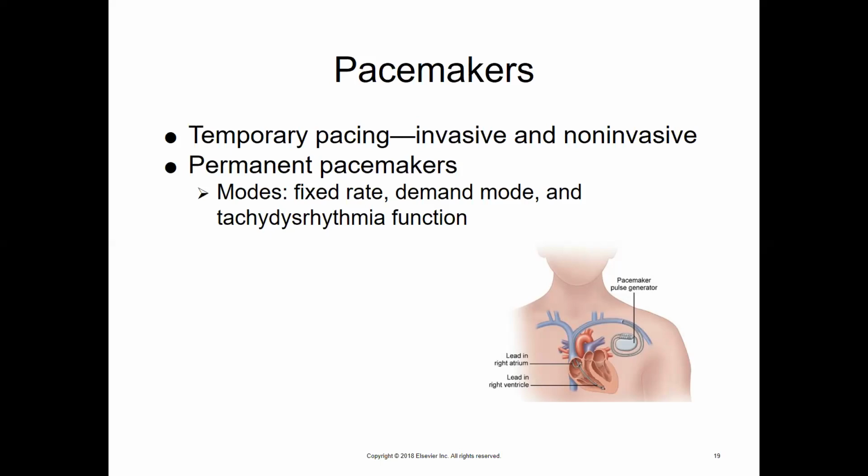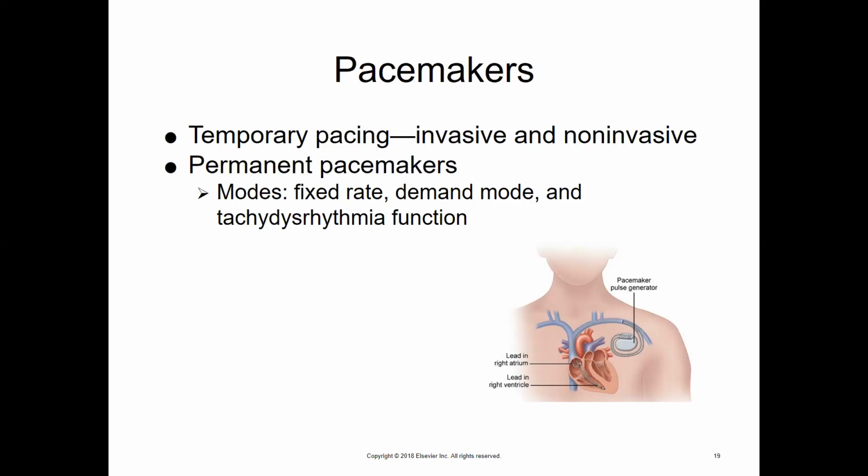A temporary pacemaker is an energy source provided by an external battery pack. The battery pack is on the outside of the chest, and the wires are threaded down into the heart. Sometimes they'll use these if a patient is waiting for surgery.